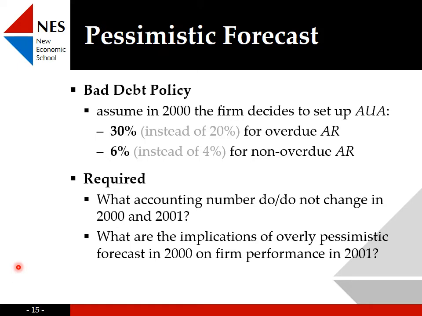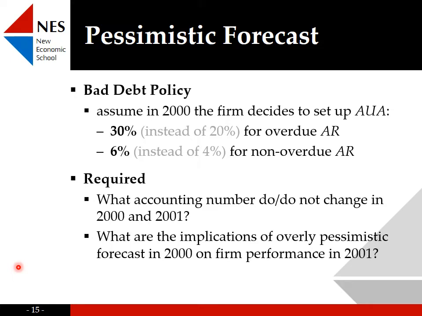Consider that the bad debt policy only concerns the expectations or the assumptions, and therefore nothing changes with the real transactions. And therefore the gross amount of receivables should not be affected. What will be affected, however, is the magnitude of the allowance and correspondingly the bad debt expense the company will recognize in year 2001.